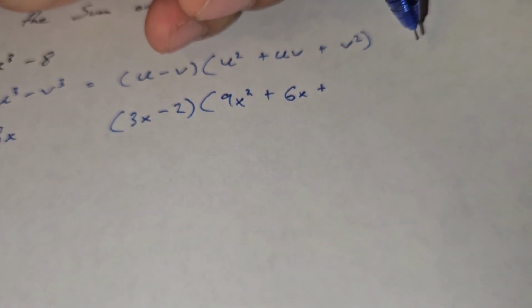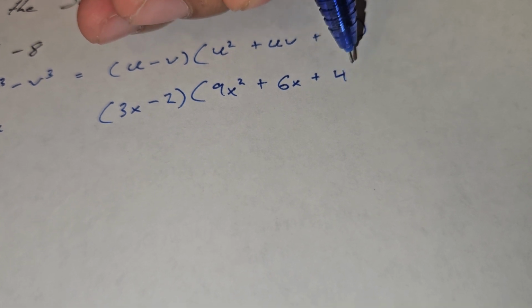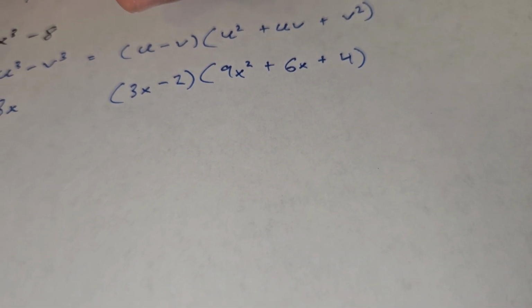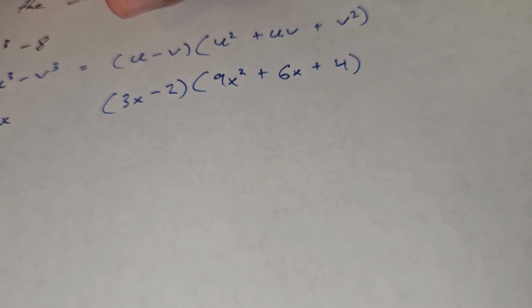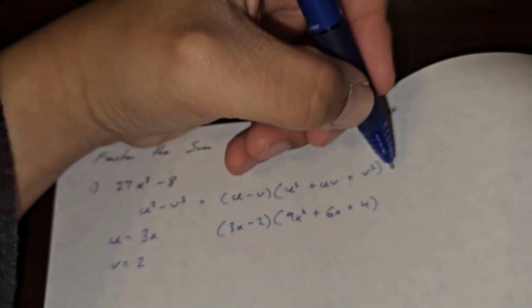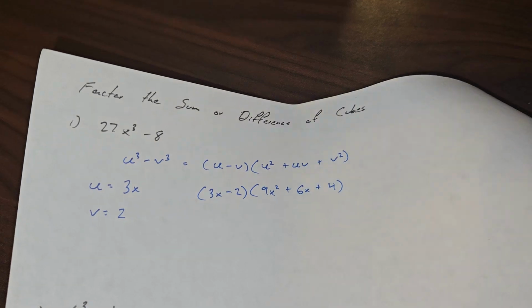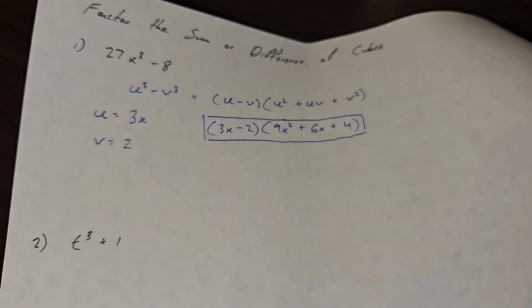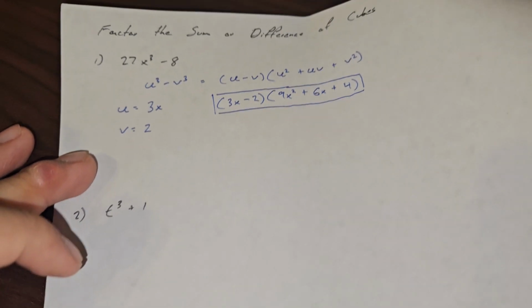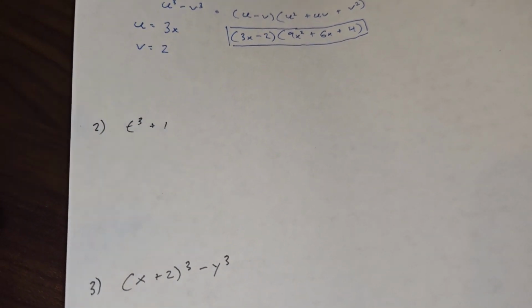Plus v squared, 2 squared, that's 4. So we have 3x minus 2 multiplied by 9x squared plus 6x plus 4. So that looks like it's going to be our answer. So that is how we're going to factor this one out. Let's go on to the second one.